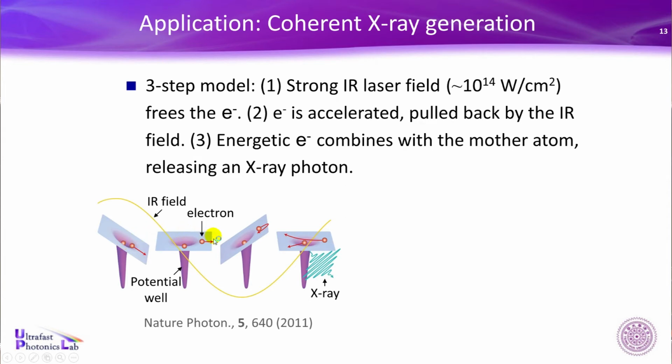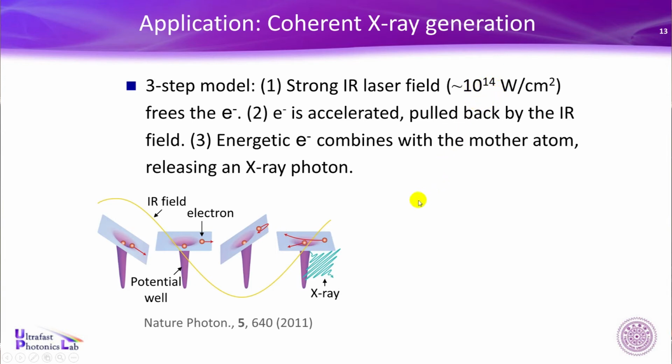When it comes back and combines with the mother atom, the kinetic energy of the electron will be released as a high photon energy. If the kinetic energy is really high, the released photon energy can be very high, as an X-ray photon energy. Okay, then you get the coherent X-ray.